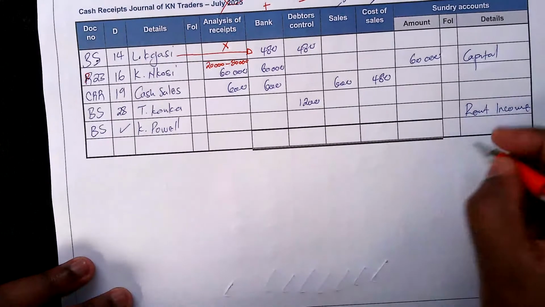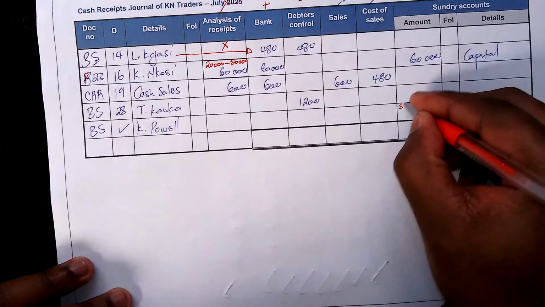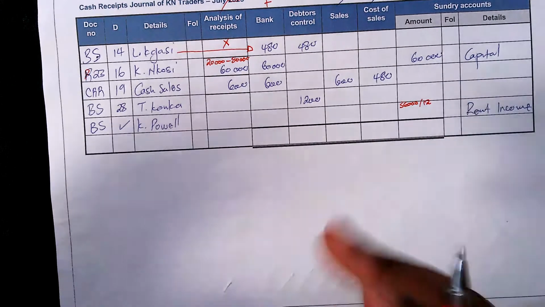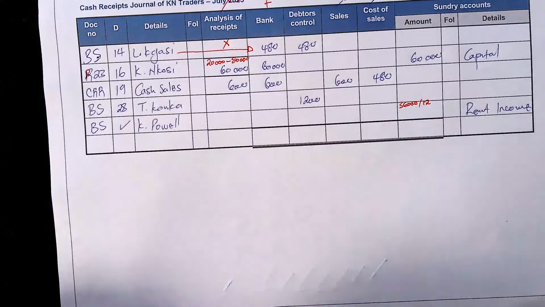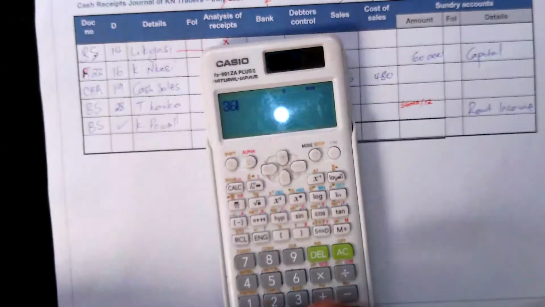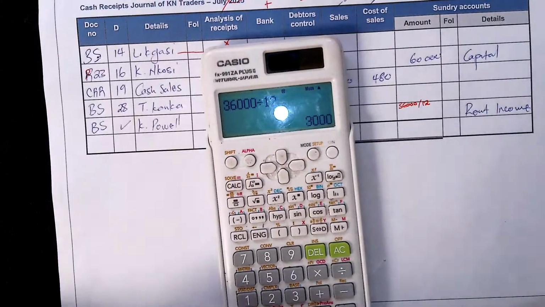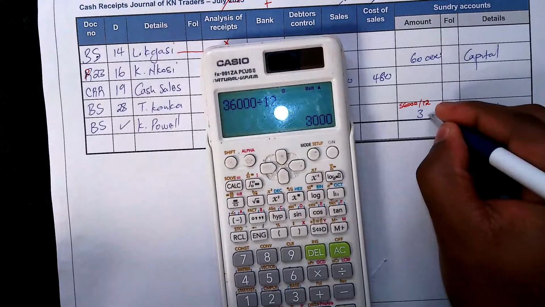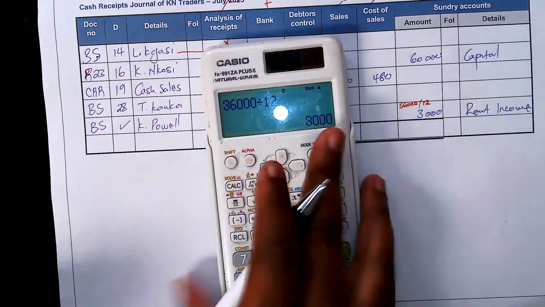So we are going to say 36,000 divided by 12, so that you get how much is the rent per month. Okay, let us calculate it. It's going to be 36,000 divided by 12, which is 3,000. So the rent for July is 3,000.